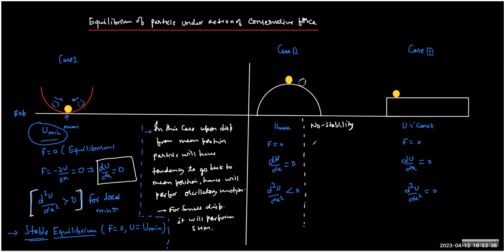No stability means it will continue in the direction of displacement, no oscillation.